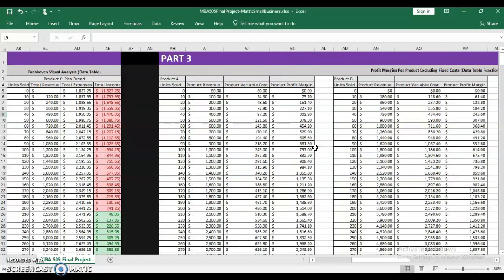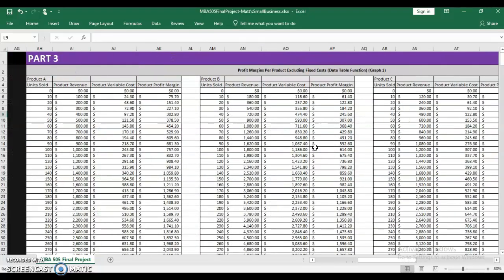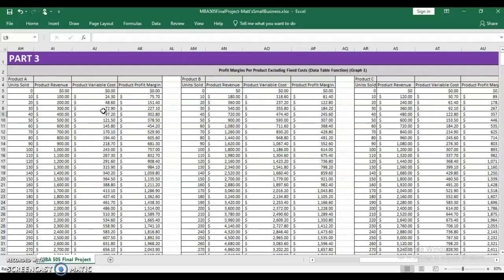In part 3, and this is a lot here, I attempted to find the break-even point for a product mix. In this first section, and we won't get too into it, I created three data tables looking at units sold, product revenue, and product variable cost, to try to find a product profit margin, excluding fixed costs.